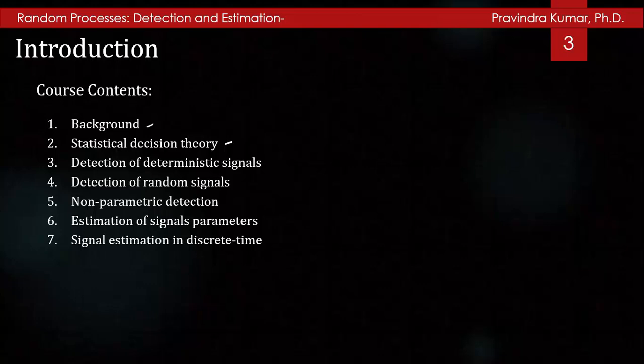In the third outline, we will discuss detection of deterministic signals, and in the fourth, detection of random signals. In the fifth outline, we will discuss non-parametric detection, and after this, estimation of signal parameters and signal estimation in discrete time.